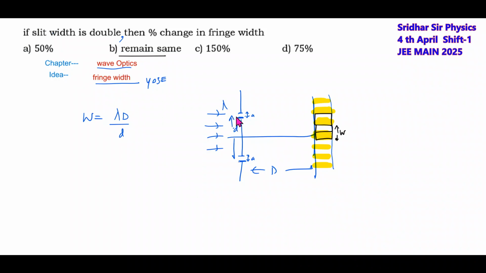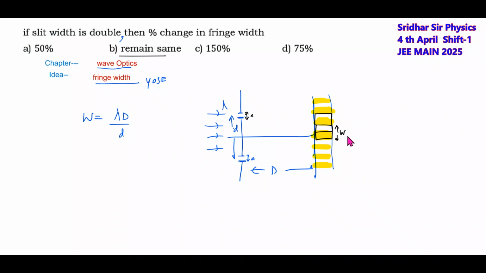If the slit separation doubles, the fringe width will decrease by 50%. Now I'm making things clear. In some questions, the same question is available. They are saying this particular thing, D. If the D doubles, this will change. But it's telling if A, this slit width, is different, separation between the slits different.